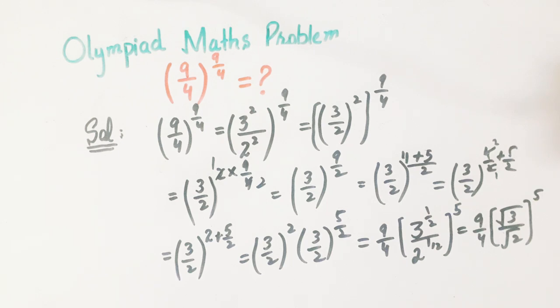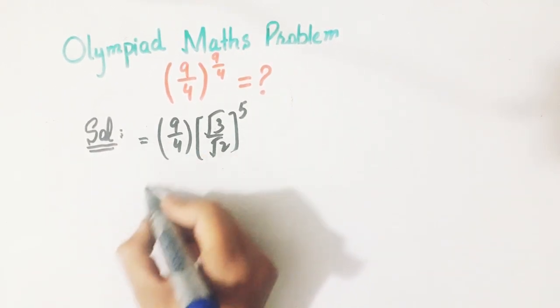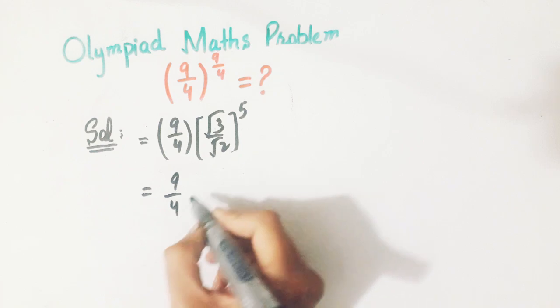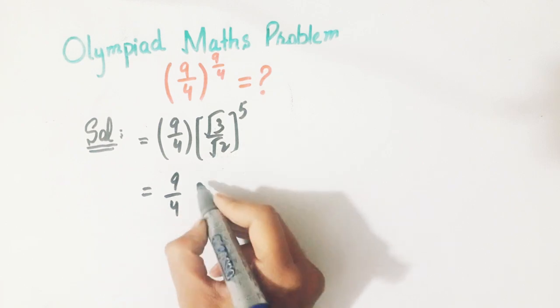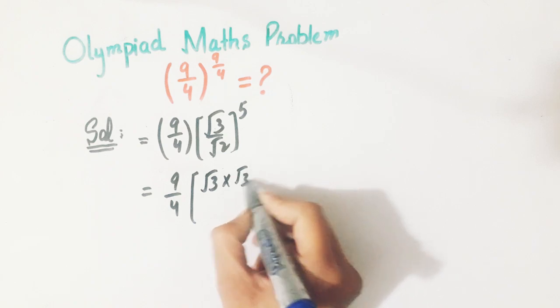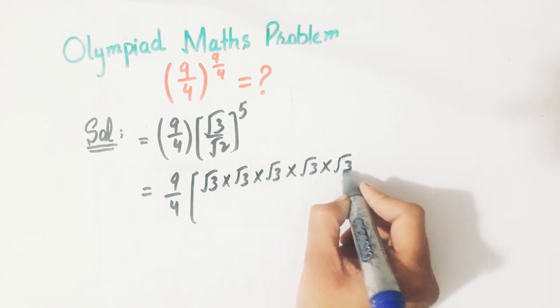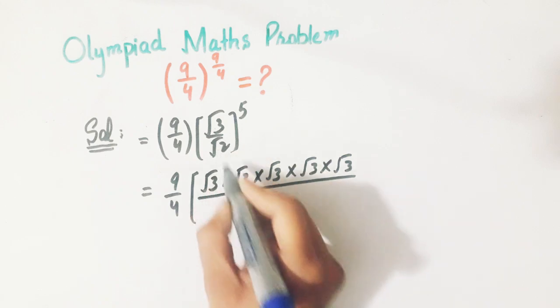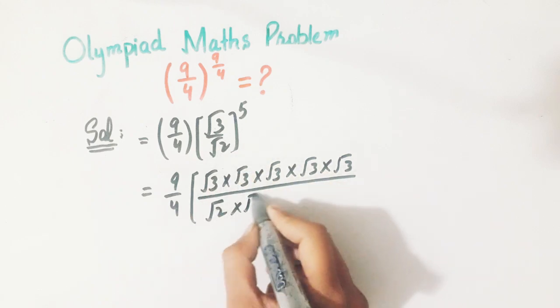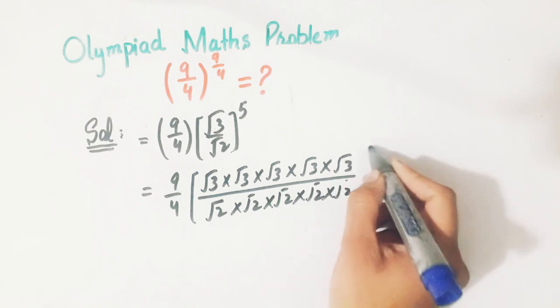In the next step we will solve this further. This equals 9/4, and this will be 5 times: square root 3 multiplied by square root 3 multiplied by square root 3, and so on five times, and in the denominator square root 2 five times.